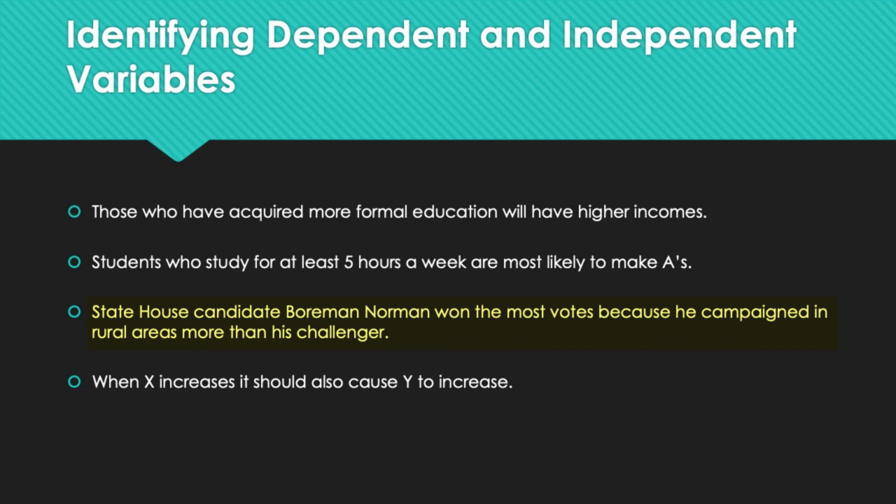So here, I'll let you pause if you haven't figured it out yet, if you want the chance to try and get it yourself. The time spent campaigning is the independent variable, and that has a direct impact, or at least explains why he received more votes, the dependent variable.